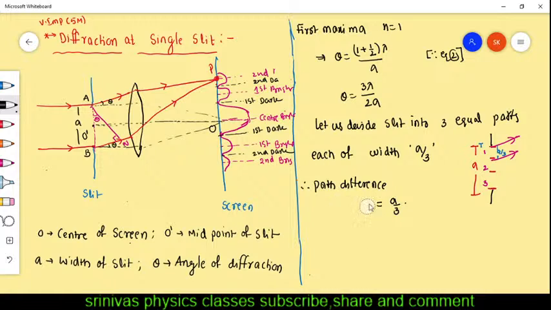Some more information I have to write here. Path difference between two light waves originating from two adjacent parts.